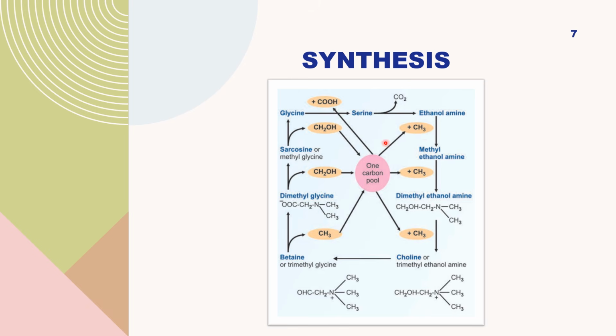The CH3 will be derived from the one carbon pool. It will be methylated 3 times to form trimethylethanolamine or choline. This choline is a significant part of one carbon metabolism.